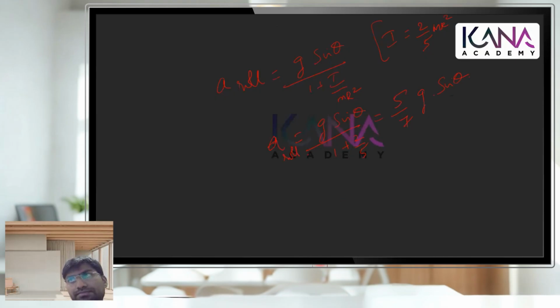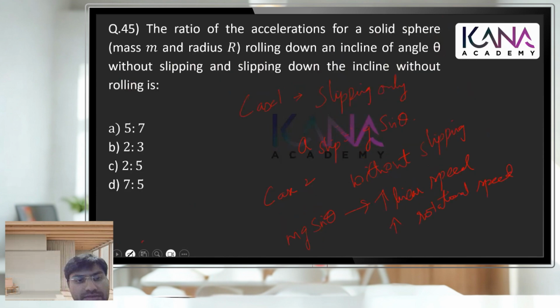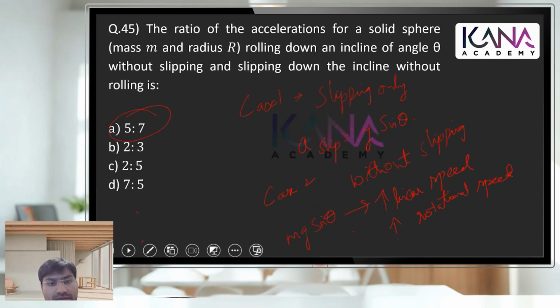So we got this one as well. Now we just need to find the ratio of a roll by a slip. So this will be 5 by 7 g sin theta by g sin theta. Simply 5 by 7, it's like 5:7. So that's the final answer, 5:7. Okay. That's it from my side. Thank you for watching this video.